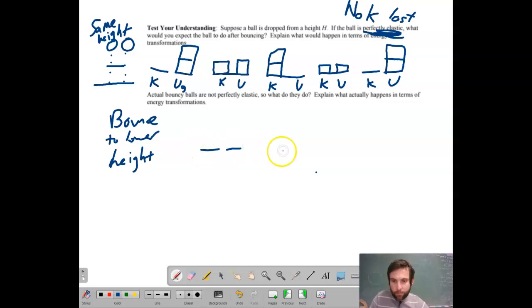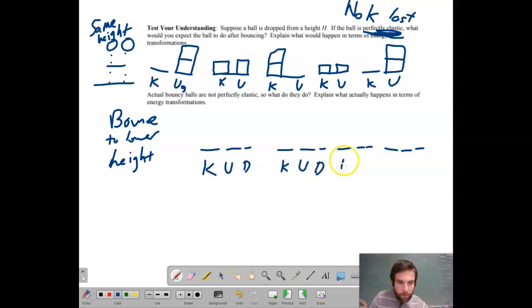And we can do the bar chart thing here again. This time we're going to have to add in a third one for that dissipated energy. So we have K, U, D. Then I would just go through and say, okay, at the beginning we have all gravitational potential energy.